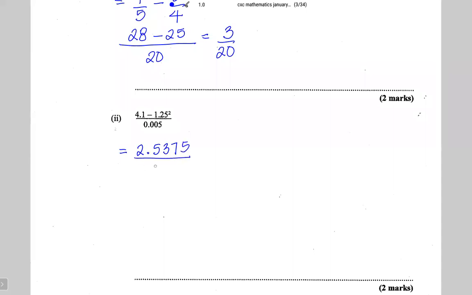And I'm dividing this by 0.005. So divide by 0.005. And what we have, this is 507.5. 507.5. Let's continue.